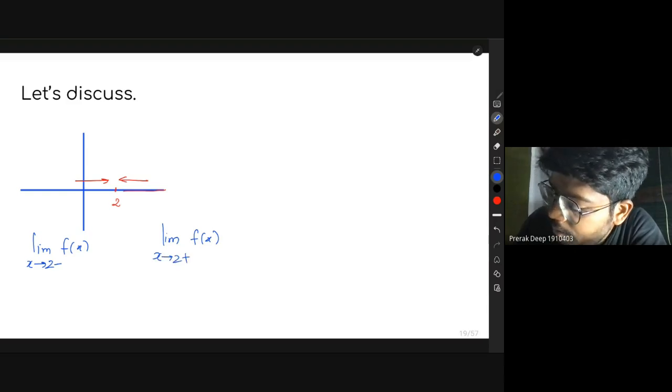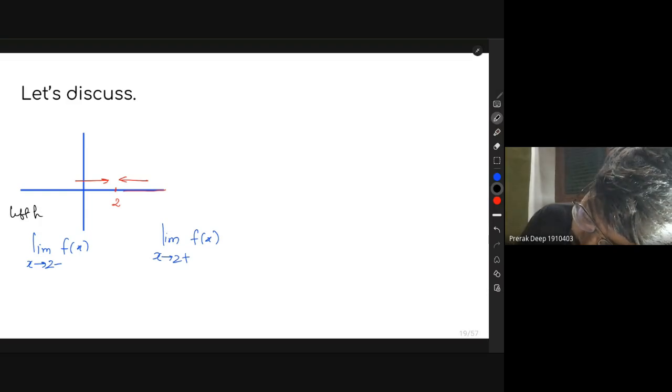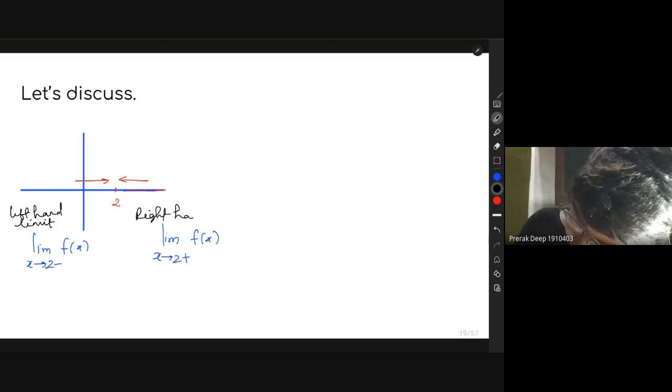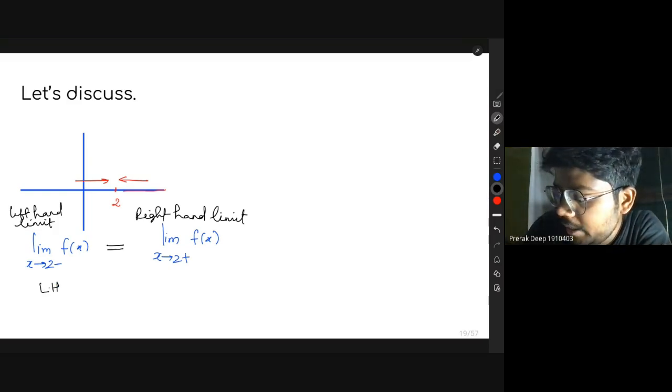Okay, so we call this the left hand limit, and this we call the right hand limit. In short we can write them as LHL and RHL.